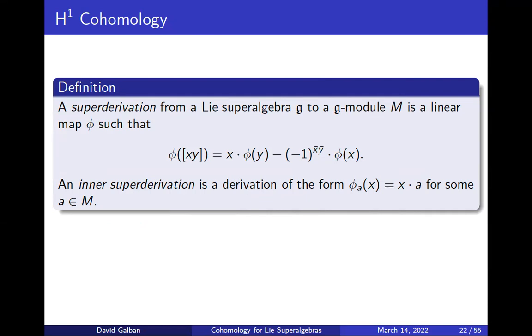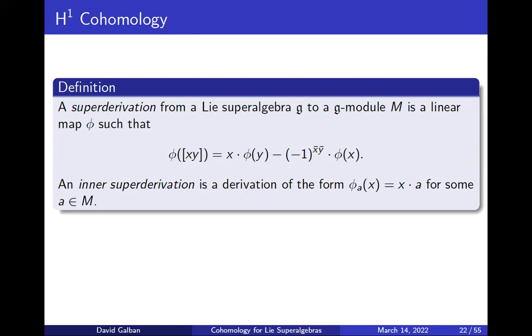So phi of [x,y] is going to equal x acting on phi(y) minus (-1)^{|x||y|} y acting on phi(x). We're going to have that an inner super derivation is just going to be a derivation of the form phi_a of x, just equaling x dot a for some a in M. So essentially, these are the analogues to a derivation and an inner derivation for the case of ordinary Lie algebras.